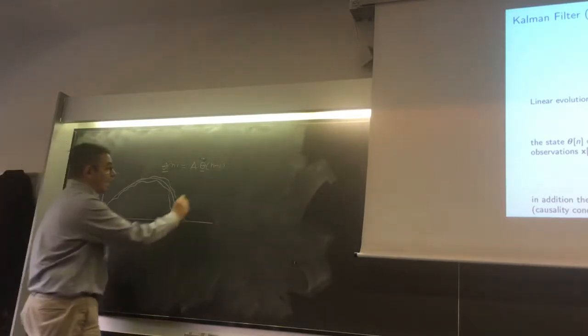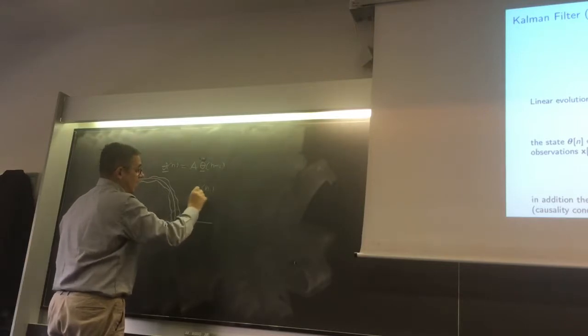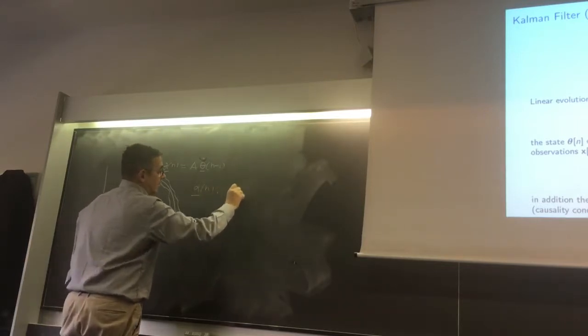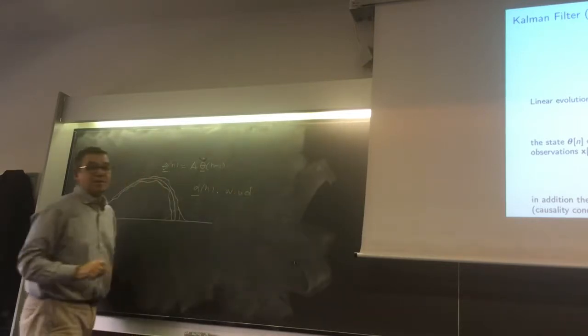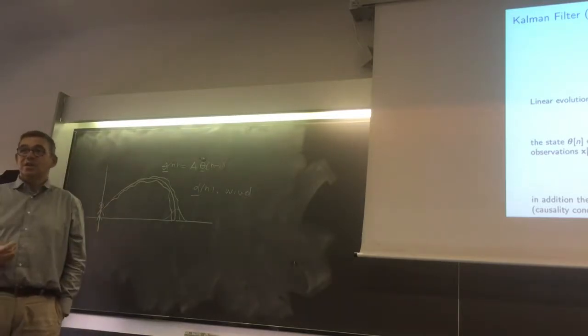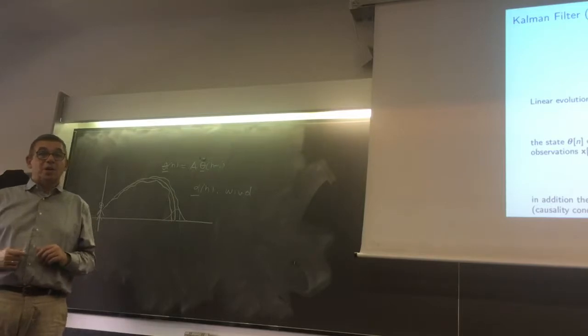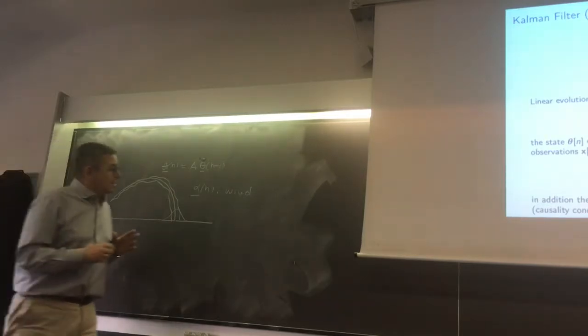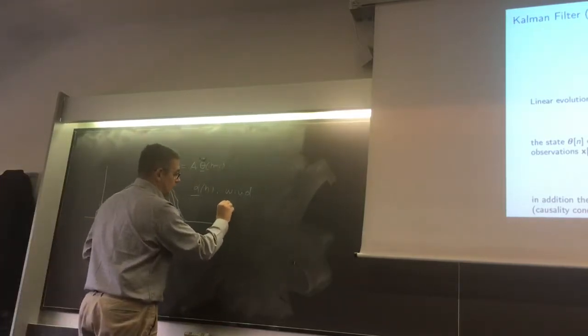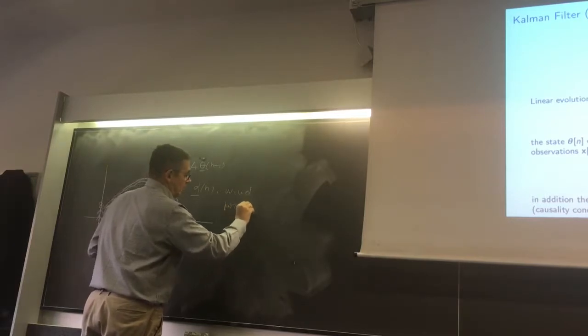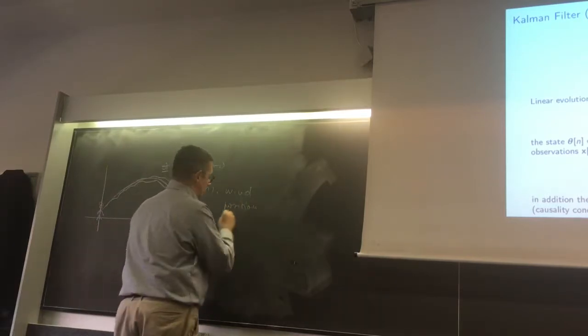Now, alpha n is the wind. It is the wind that makes the overall trajectory unpredictable. Alpha n is also the position of the initial condition.